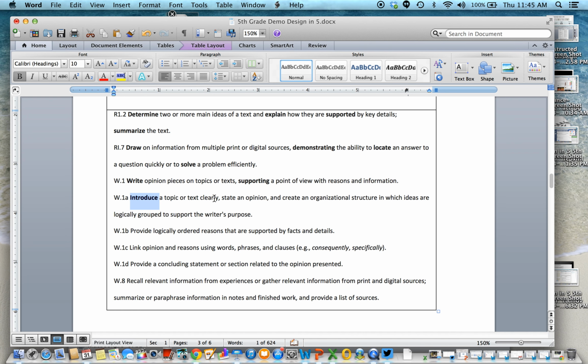We have introduce, state, create, organizational structure. I'm going to do logically grouped to support, and then we need provide. We have supported again. We have link.